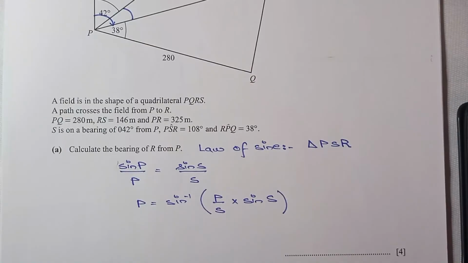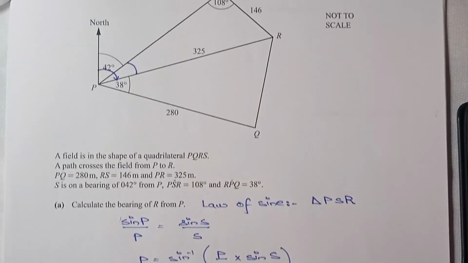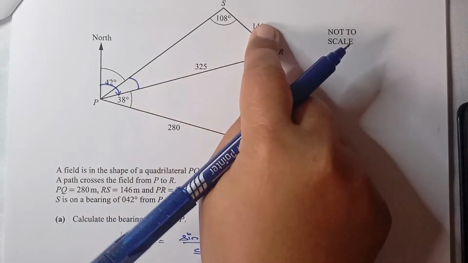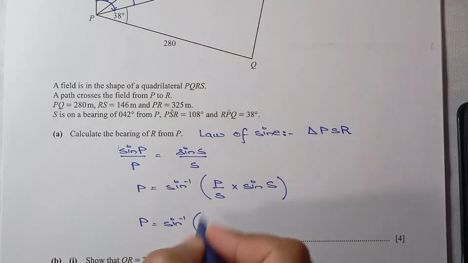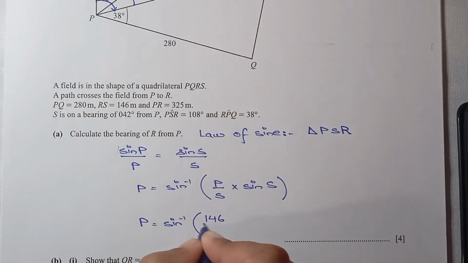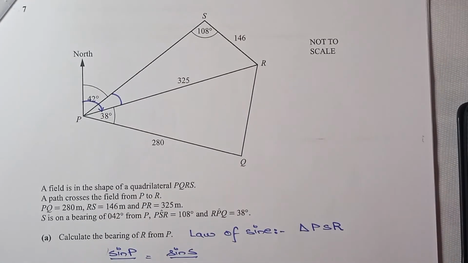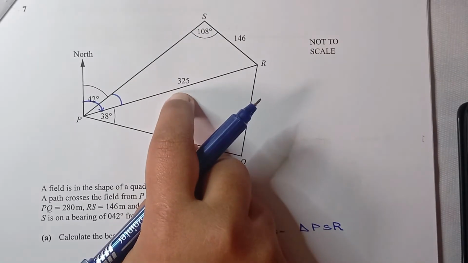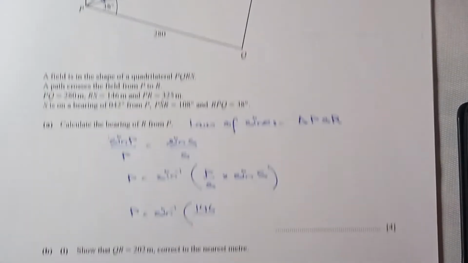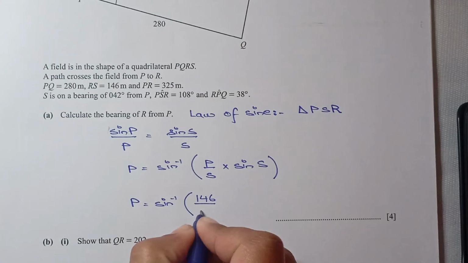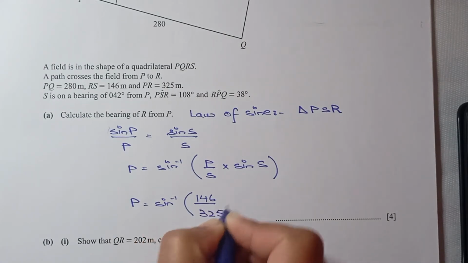So let me substitute the values. Angle P would be equal to sine inverse of, what is side P? Side P is 146 over side S. S is 325 and angle S is 108. 325 and sine 108.